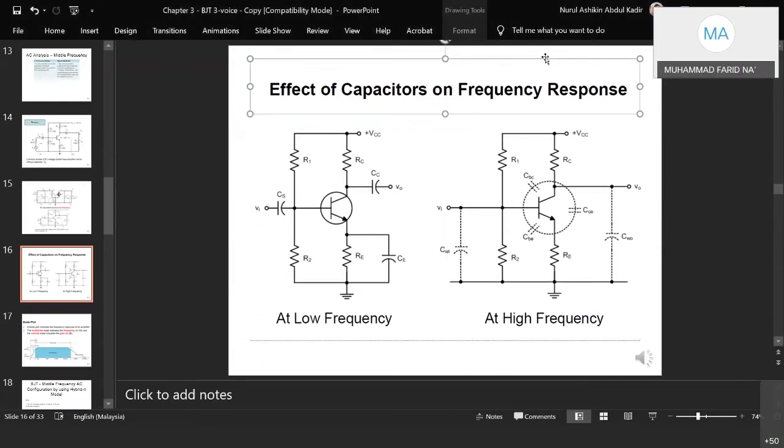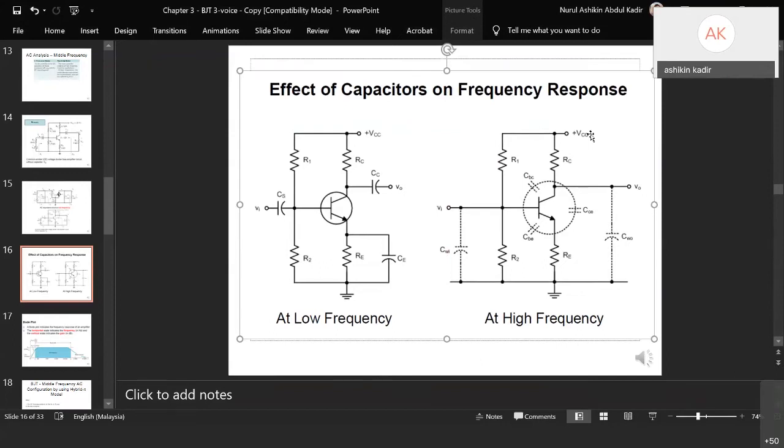Okay, so from the previous class, we have learned how to do the analysis from DC analysis to mid-frequency analysis for the circuit. So for today, we're going to continue with how to do analysis at low frequency and high frequency.